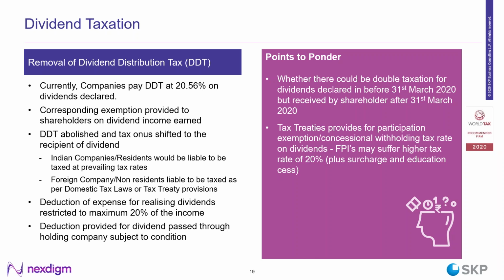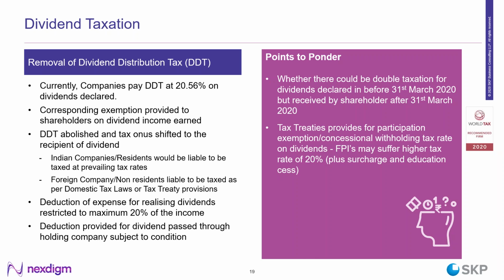But it was observed that many foreign companies were facing challenges in claiming the tax credit of the dividend distribution tax in the home country, because this tax was paid by the Indian company and not by the foreign company as a withholding tax. That was creating a huge additional tax outflow for the foreign companies in the home country.